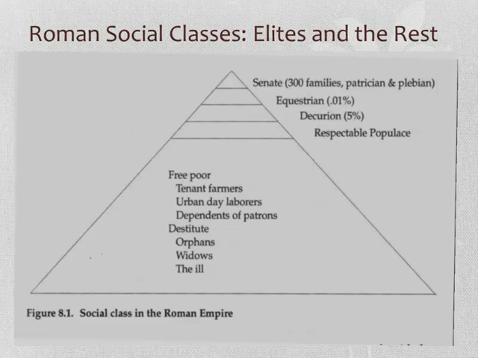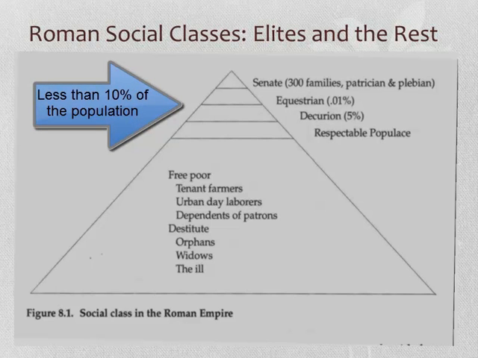The decurion class would have been regional or provincial magistrates and leaders in those areas, and then a vague category known as the respectable populace. This would have been teachers, philosophers, skilled artisans, and others in leadership, but not in the decurion class. You'll notice that this only accounts for approximately 6 to 7% of the population in the Roman world.